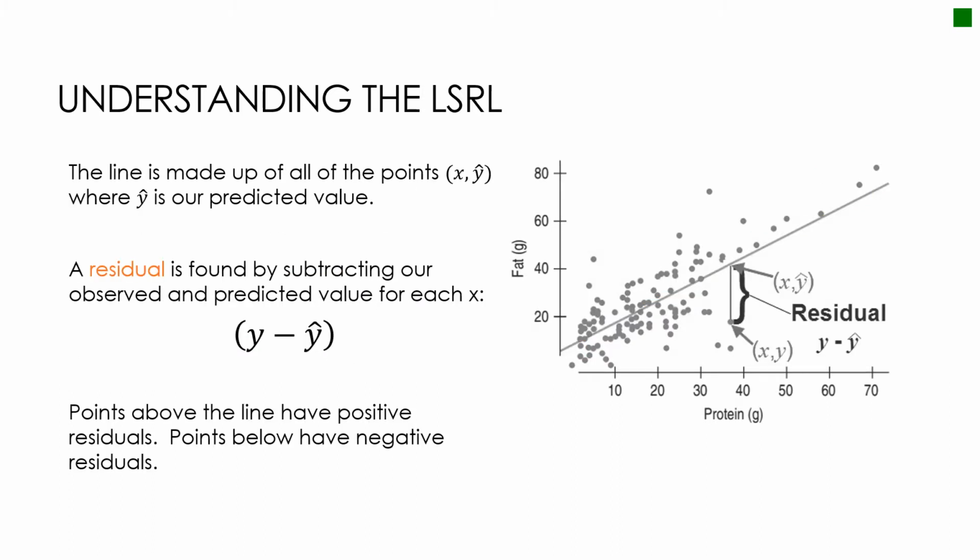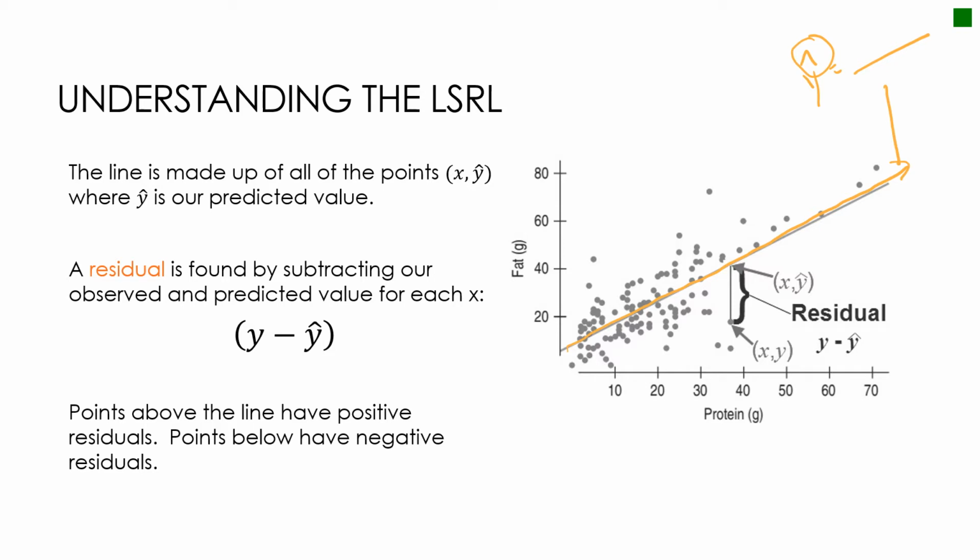The least squared regression line, again, that's this line going through our data, is made up of all of the points (x, y hat). So this is the line y hat equals something. And the hat just tells us that it's a predicted value. So here's why this is important.